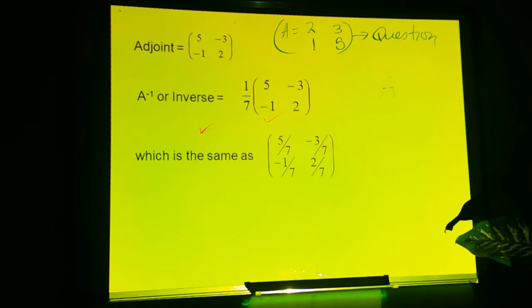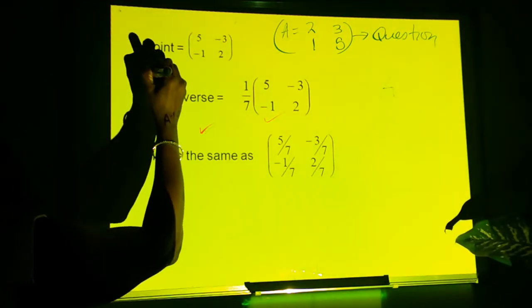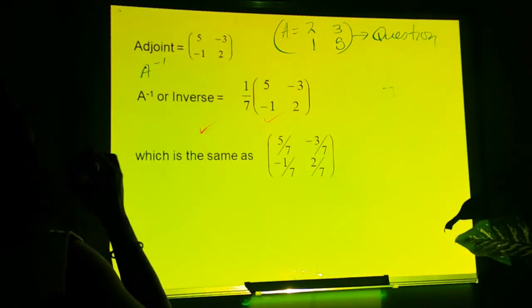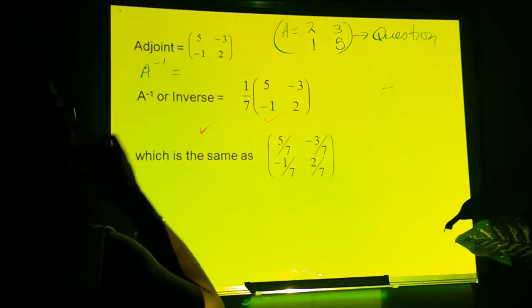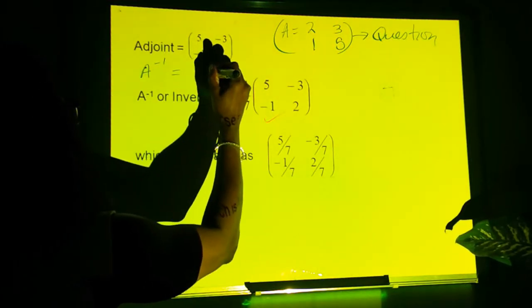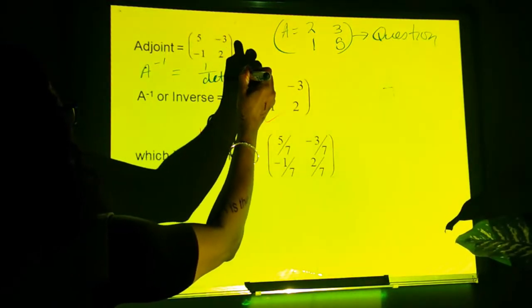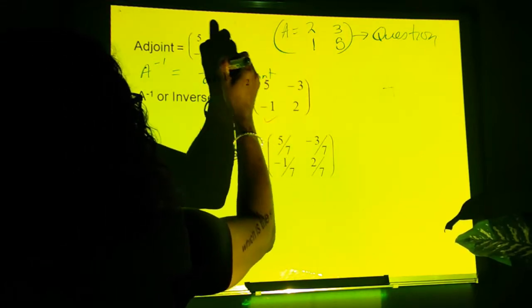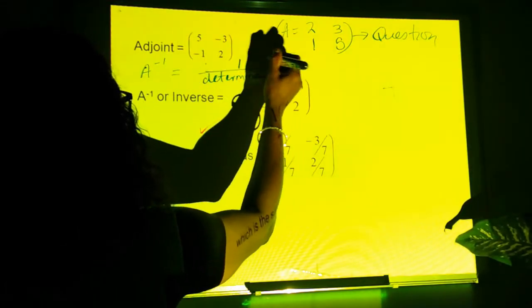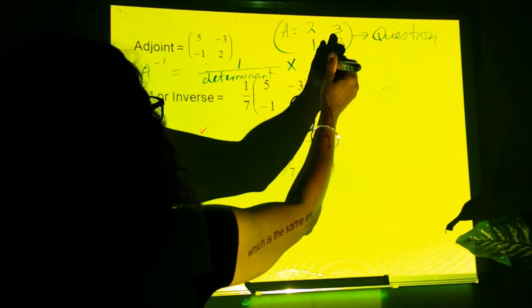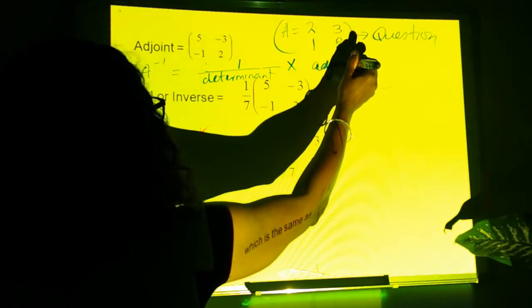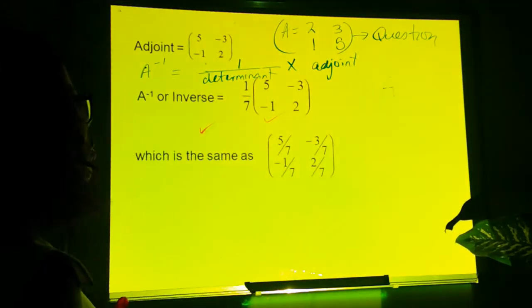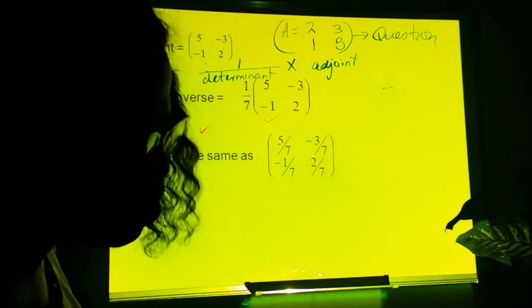So what did we say the formula is for finding the inverse? A to the minus 1 is 1 over the determinant multiplied by the adjoint. 1 over the determinant times the adjoint. So remember, let me go back.